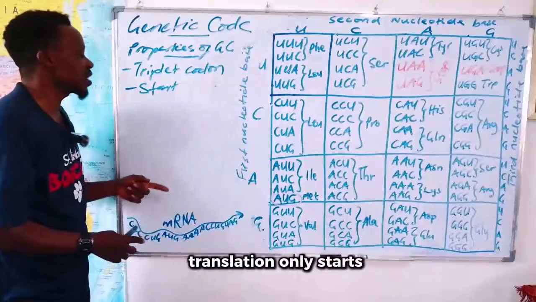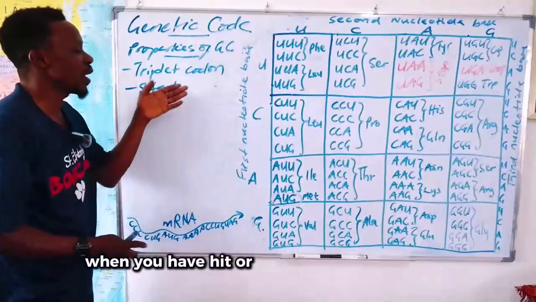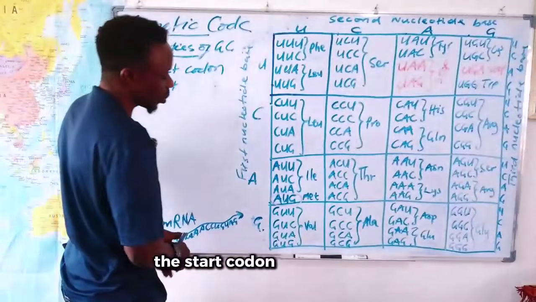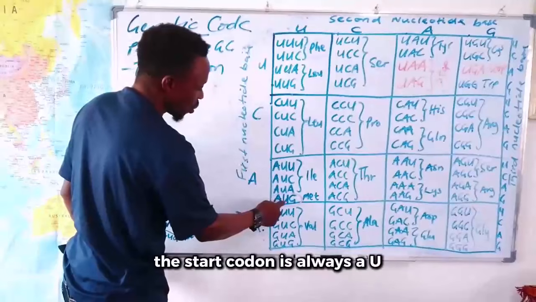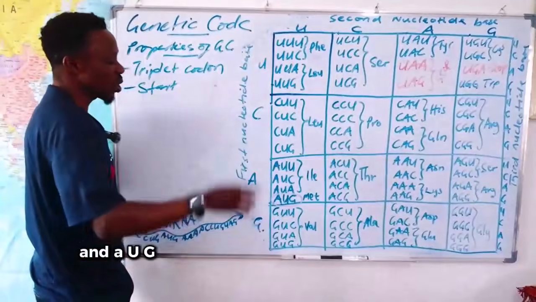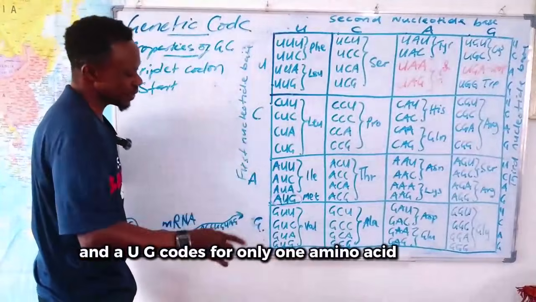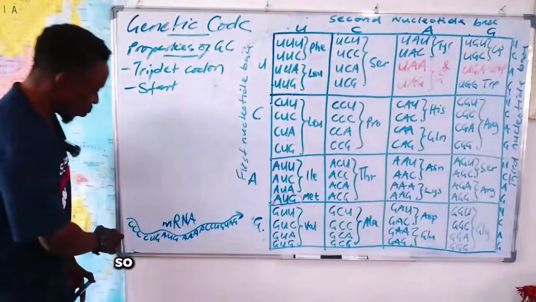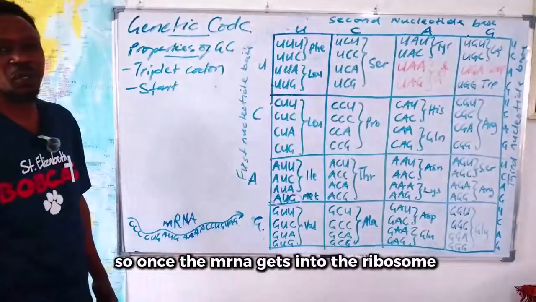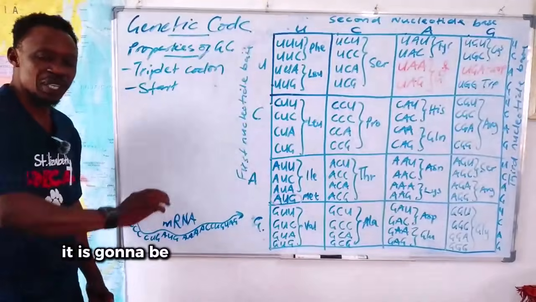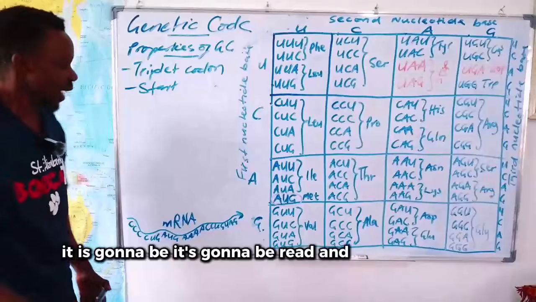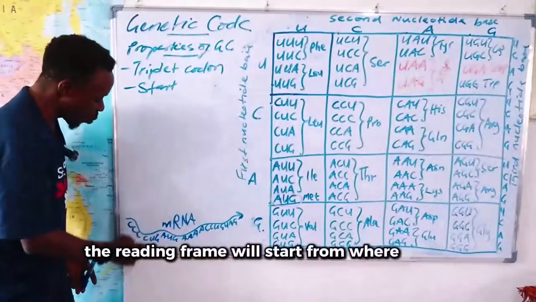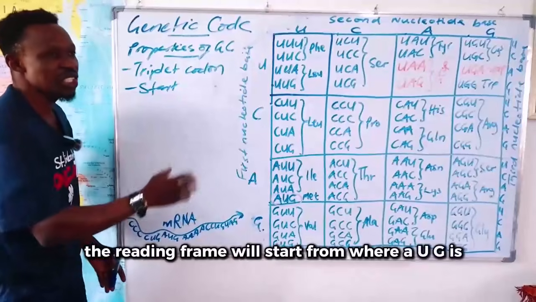Translation only starts when you have encountered a start codon. And according to the code we have here, the start codon is always AUG. AUG codes for only one amino acid, which is methionine. All right. So once the mRNA gets into the ribosome, it is going to be read, and the reading frame will start from where AUG is encountered.